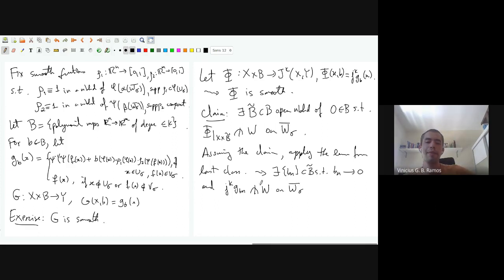That's not exactly what the lemma said. I guess the lemma said that you had to intersect this with W sigma tilde. And to be even more precise, but I don't really want to write this down, we want to do this on an open set.